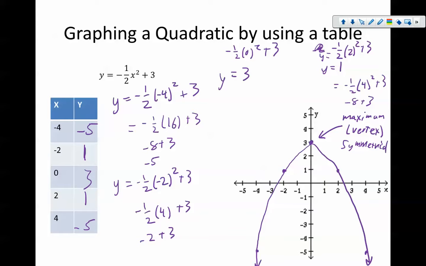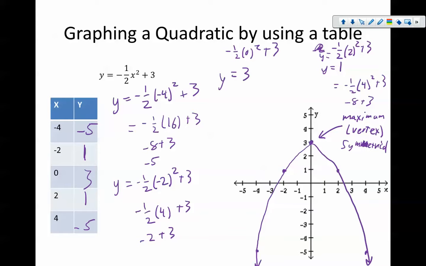The reason why these end up being the same on both sides is because when you square a number, a negative times a negative becomes a positive.